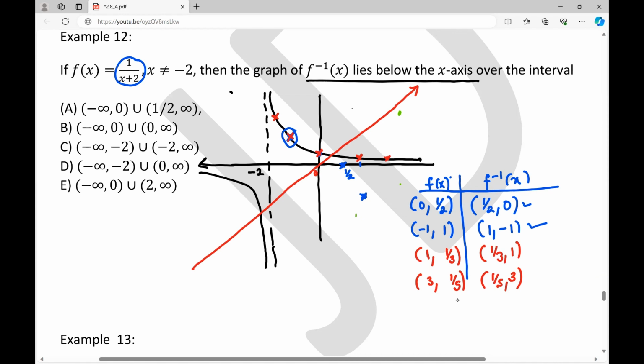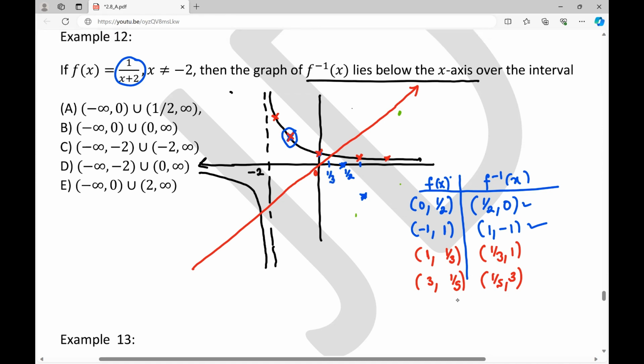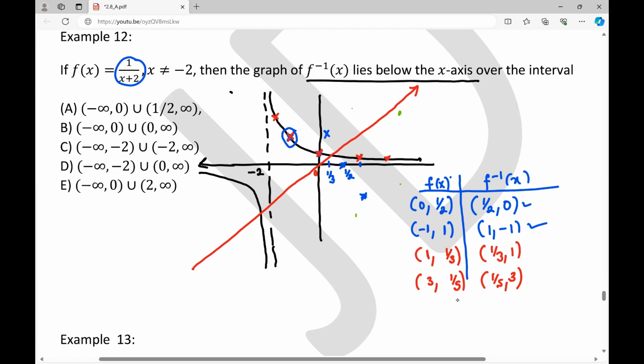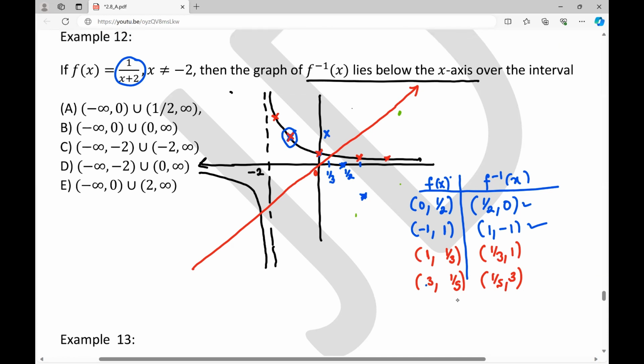And then you have 1 and 1 over 3, which is going to be 1 over 3 and 1. So 1 over 3 is going to be before 1 over 2. But the y value, 1 over 3 and 1, is going to be up, which is somewhere here. So we're going to have this point here as 1. So then 3 and 1 over 5 becomes 1 over 5 and 3.